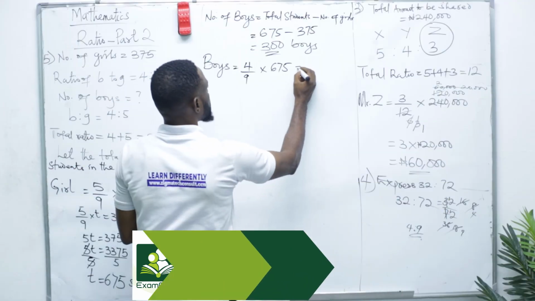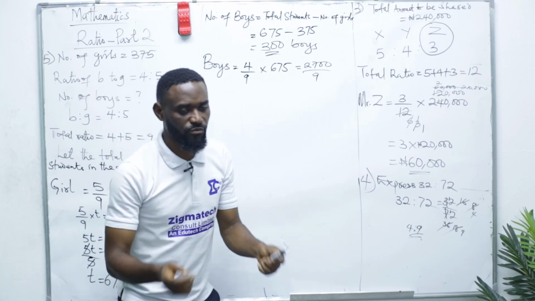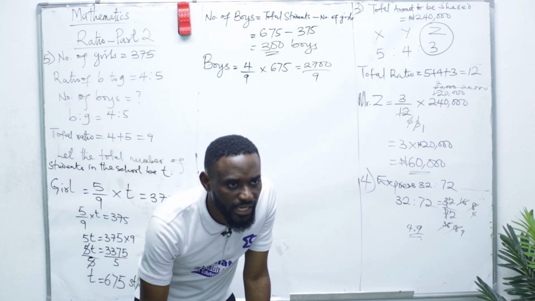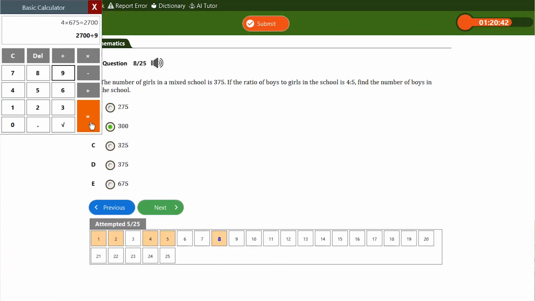Then 2,700 divided by 9 gives us, of course, 300.